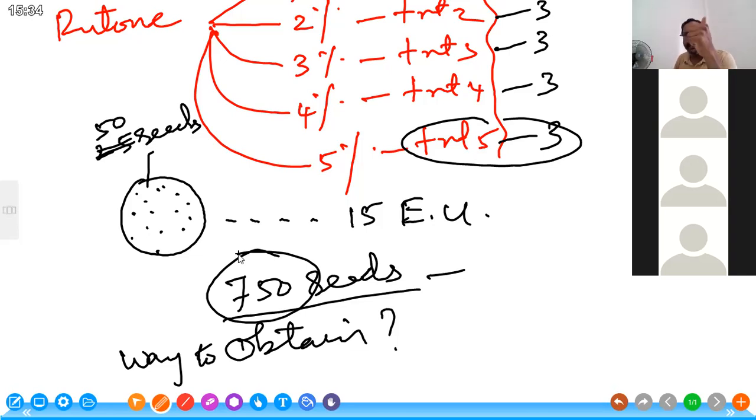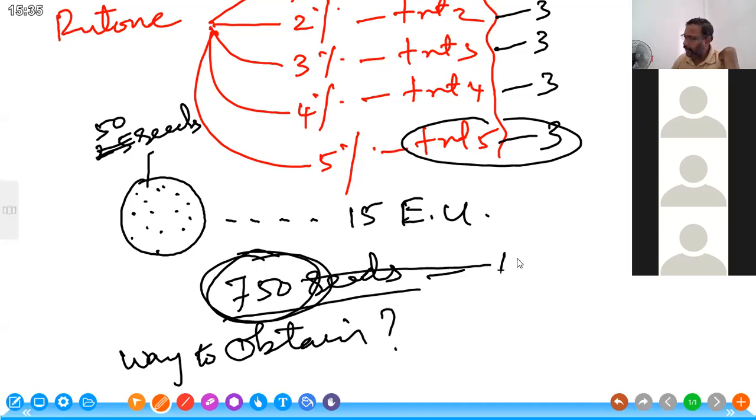So here we could think about only one single fruit, or we can think about several fruits. Take, this is not papaya, let's say tomato, for example, or go for another type of fruit. So these are some of the problems. Sometimes, without knowing these facts, because we need only 750 seeds, that is fine.